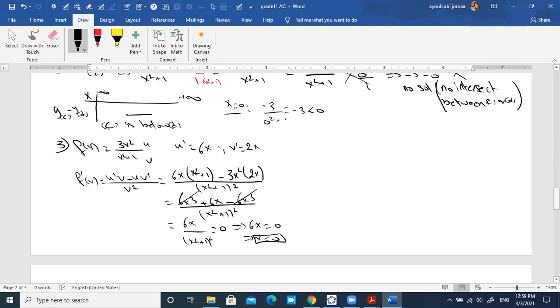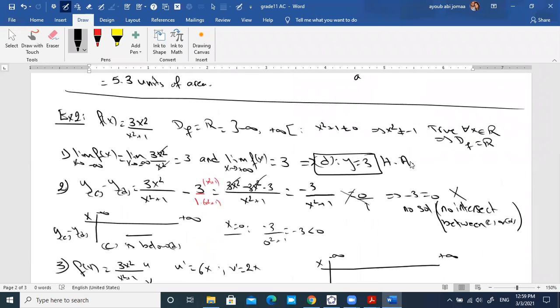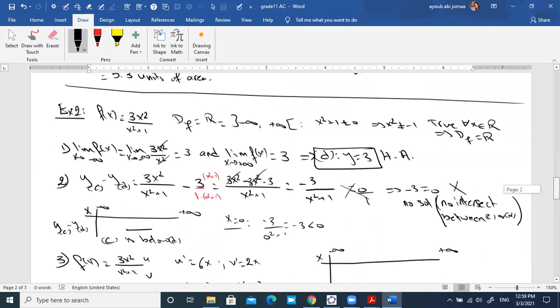Okay, the table of variations. Abracadabra. Value of x. Domain from negative infinity to positive infinity. This is the domain I put, negative infinity to positive infinity.